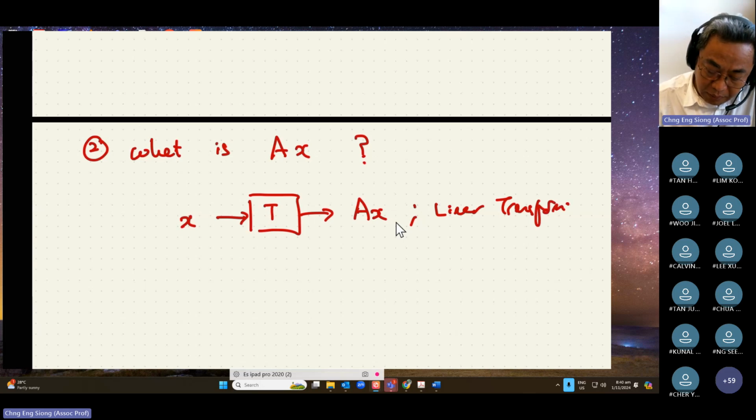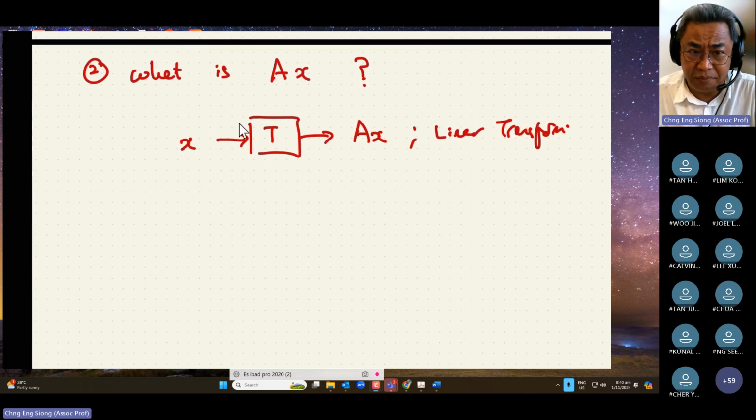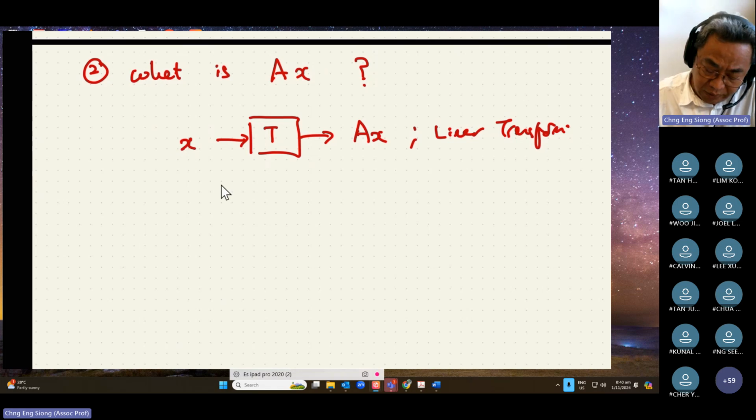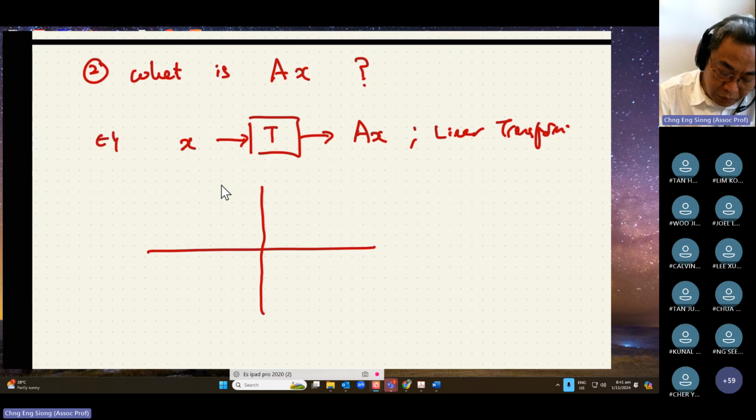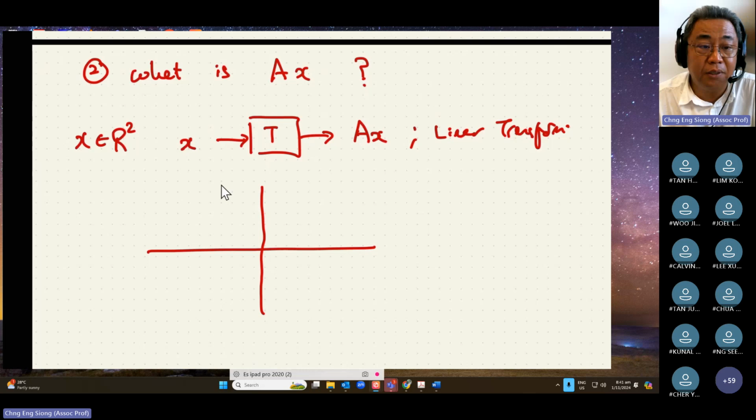Now, I'm going to do a simple x first. The x I'm interested in belongs to R2. So let's call this x1 and this x2.